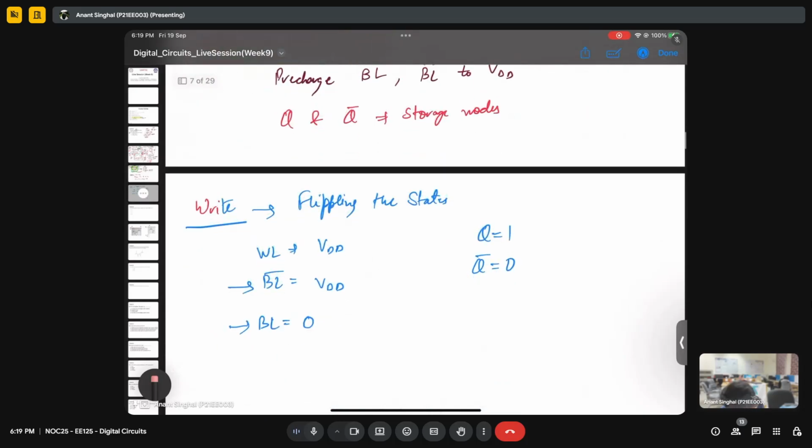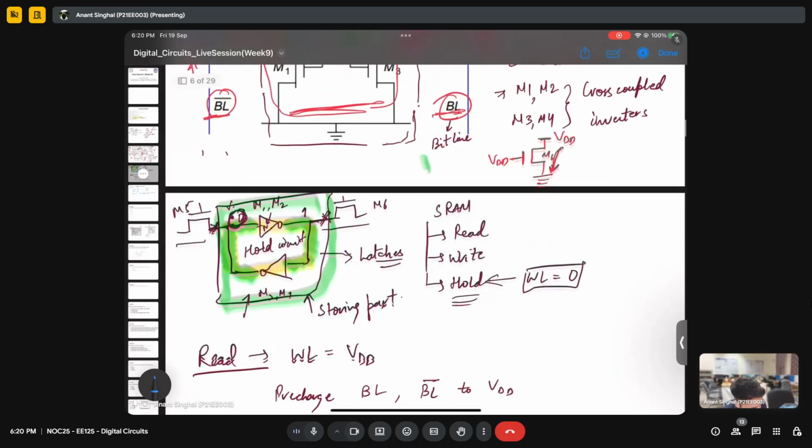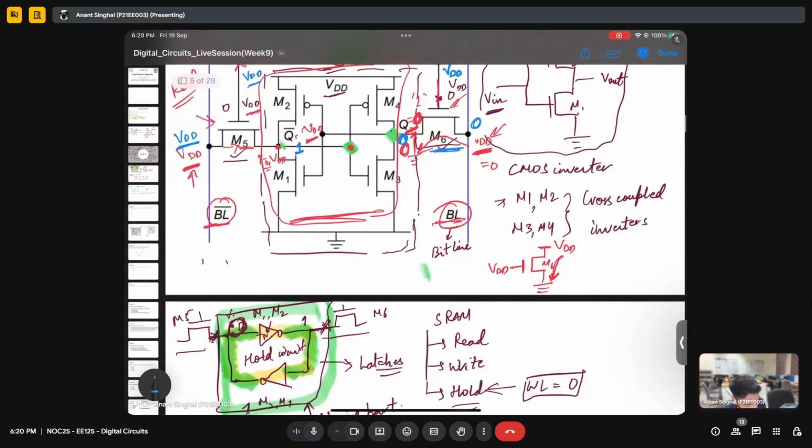What I have just done is I gave the bit line complement VDD. So this is making Q bar 1. This is writing 0 to Q, right? We have just made the value of Q 0, and since this is 0, this transistor won't work. So we have written 0 to Q, right?